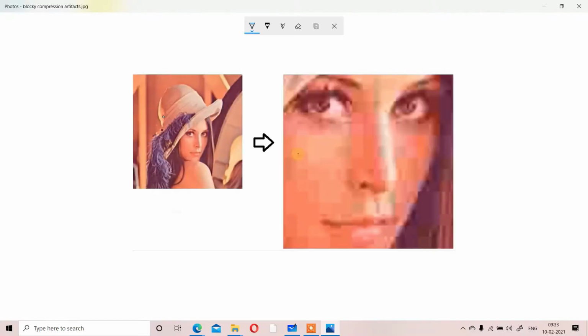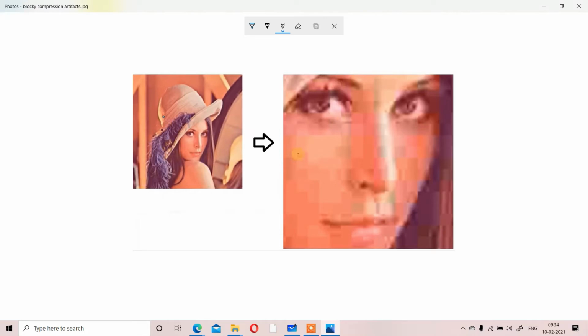You can see the left part is the input image, and the right part is the amplified, or simply zoomed, version of the discrete cosine transformed image.